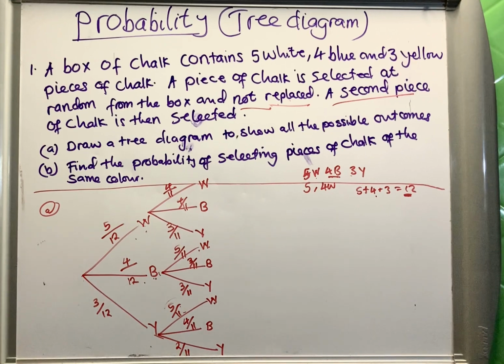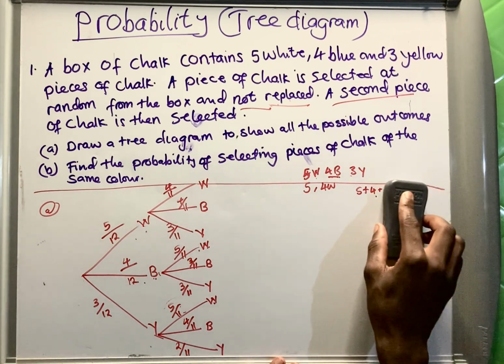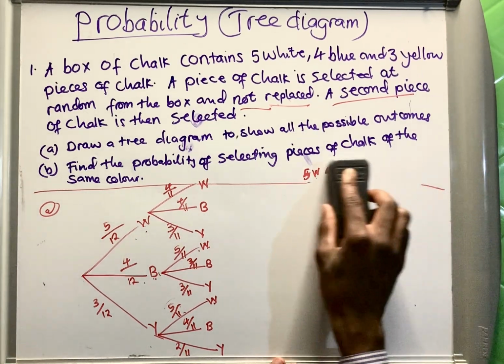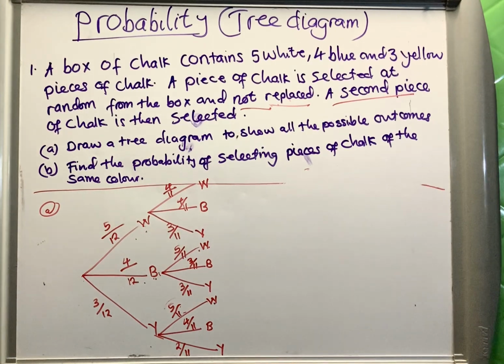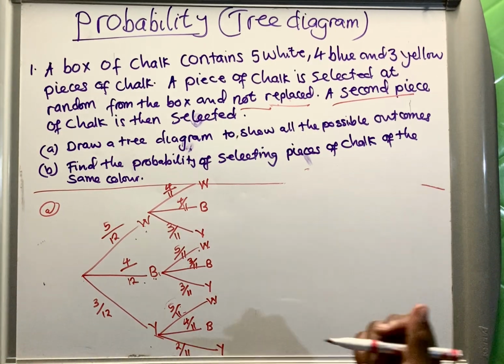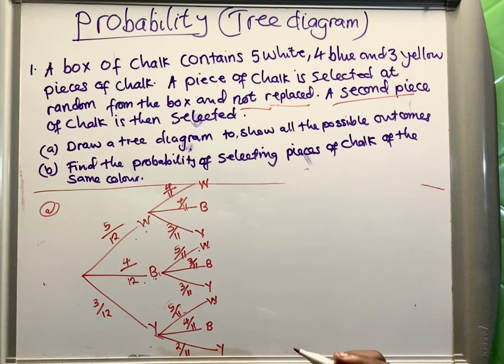Then B, find the probability of selecting pieces of chalk of the same color. So what is the probability of picking pieces of chalk of the same color? That's what they're saying. So check through the diagram the parts which are showing the same color.